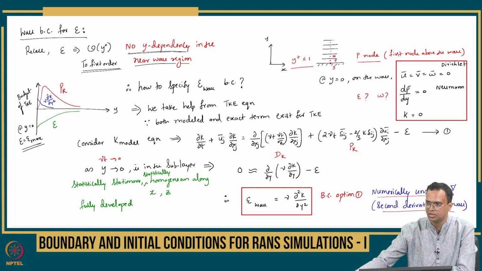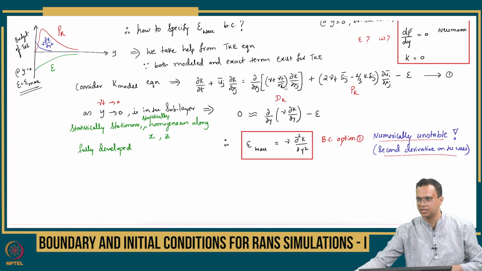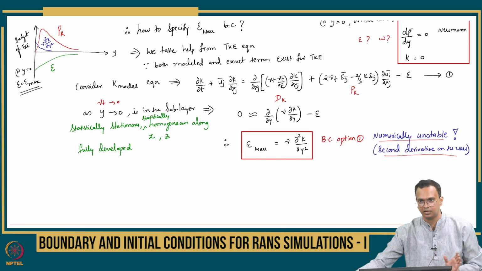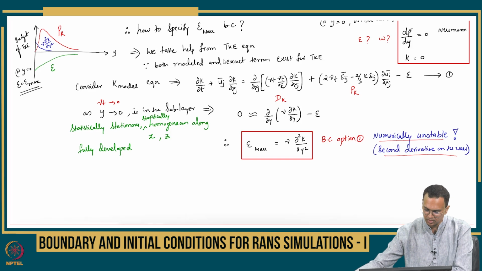So that means we need to search for a condition which is numerically stable and also gives reasonably good results. For that, we take help from the epsilon exact term, because if you ignore the transport equation for the epsilon model, the epsilon itself has an exact term in the turbulence kinetic energy equation. So we can take help from that.